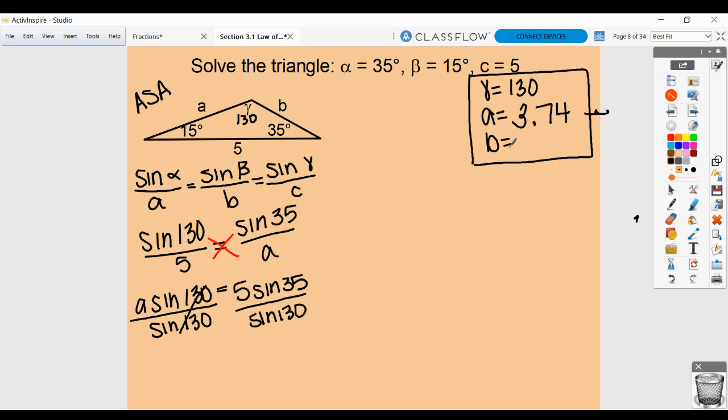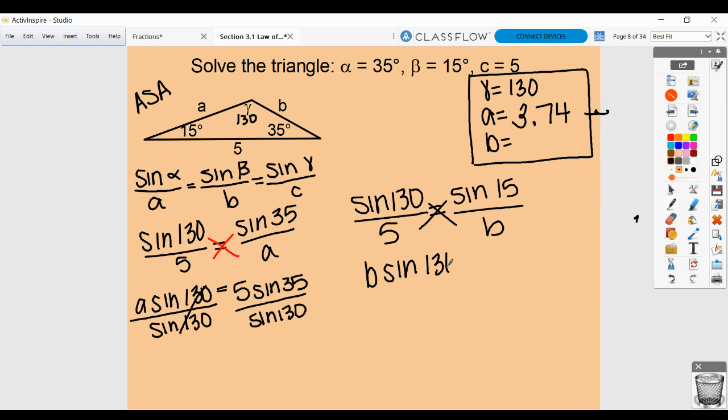Okay, you're ready to find B. So you're going to do another problem. And I always say stick with what you're given. So use the sine of 130 over 5 again. And then this time just use the information for B. So you would have sine of 15 over B. Cross multiply, and you get B sine of 130 equals 5 sine 15.